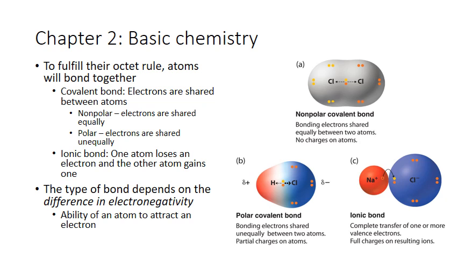Good question. But I wouldn't ask you to say which atom is more electronegative than the other. I think generally you should know that hydrogen has a very low electronegativity and oxygen is very high, and that's why water is so polar. But I wouldn't ask you to compare different atoms.